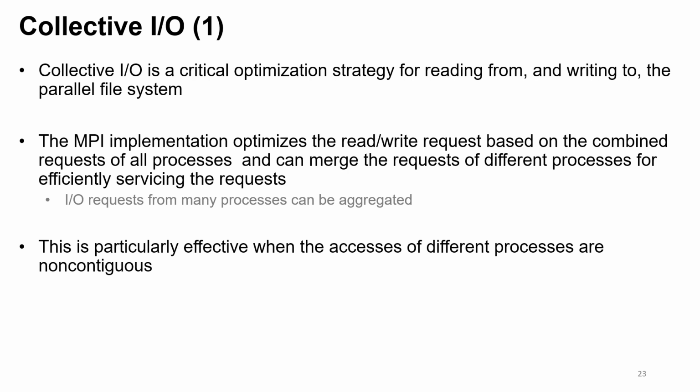The MPI implementation optimizes the read and write requests based on the combined requests of all processes, and it can merge the requests of different processes for efficiently servicing the IO requests, and hence improving the performance of the IO. Collective IO is particularly effective when the accesses of different processes involved in the communication are non-contiguous.